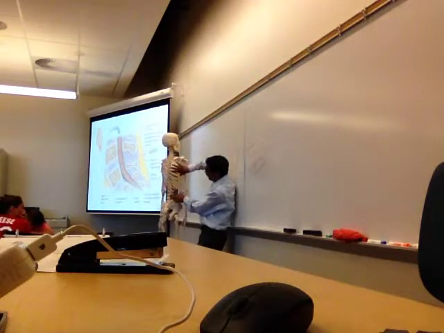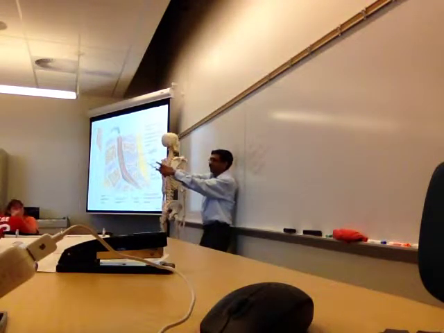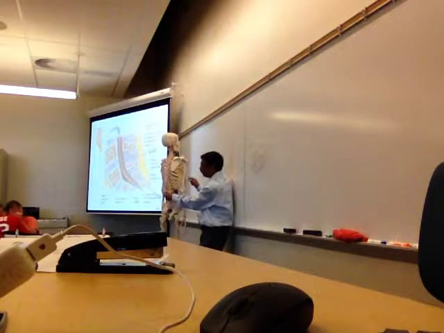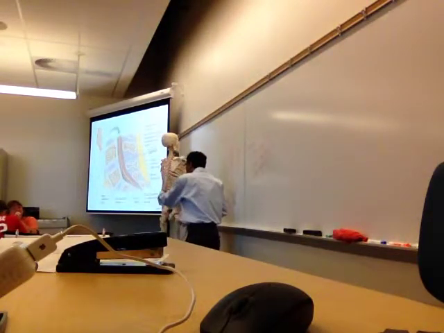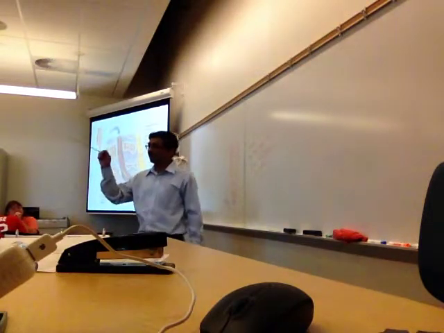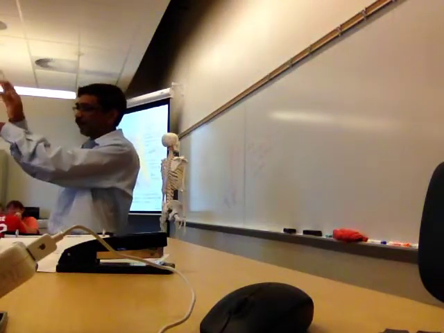If you bend the body like this, then the spinous processes will go like this, so this space will open more. It will be easy for you to just insert the needle through the space. So just make the space opening bigger.